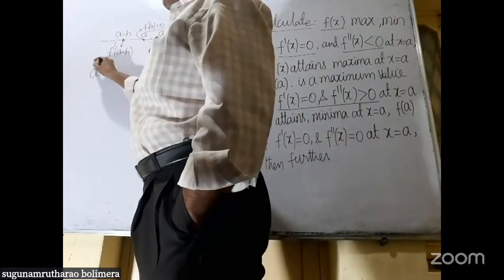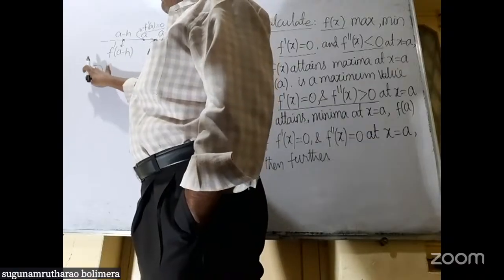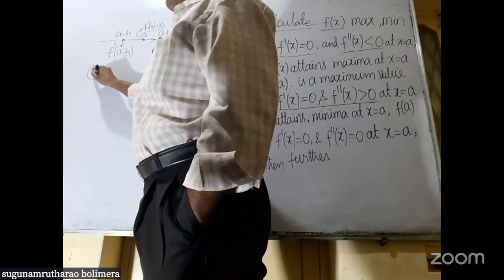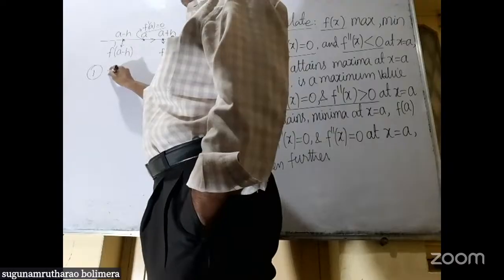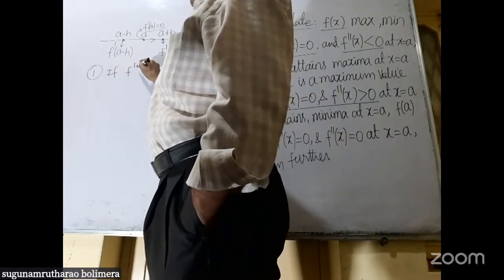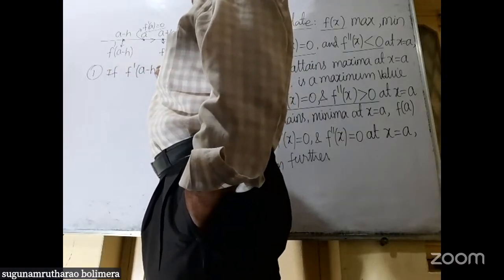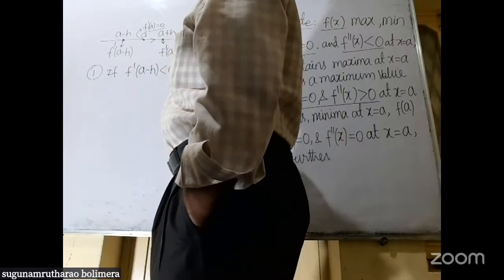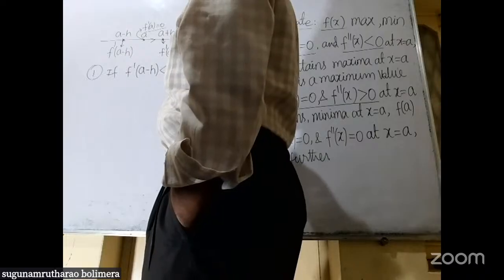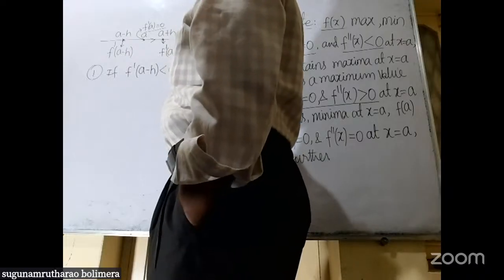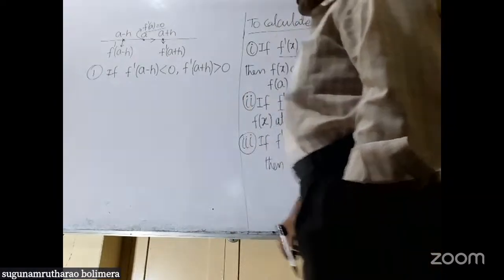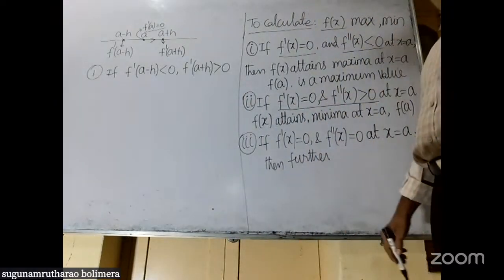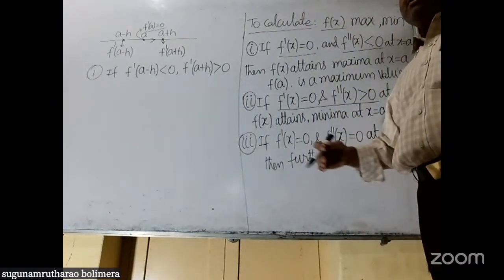The first step: if f dash of a minus h is negative and f dash of a plus h is positive, it is changing from negative to positive.